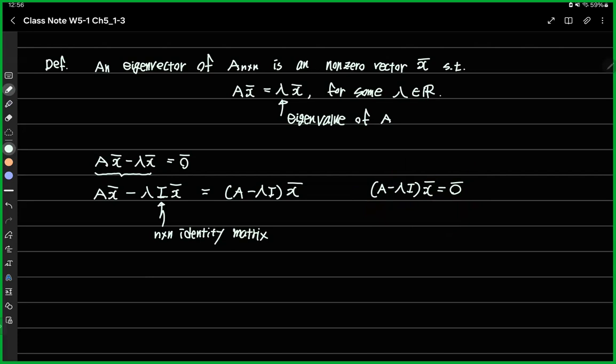But we are not interested in the trivial solution, because by the definition, an eigenvector must be a non-zero vector. So in what circumstance does this matrix equation have a non-trivial solution?